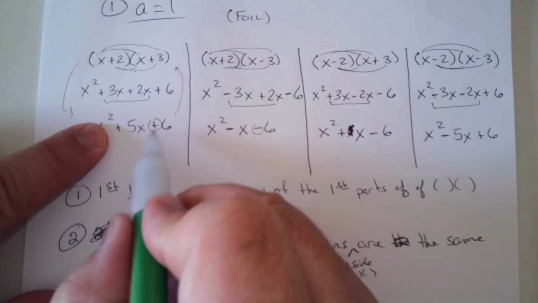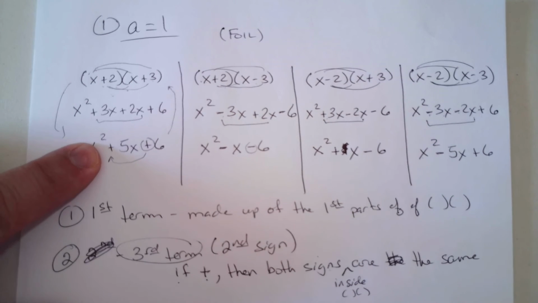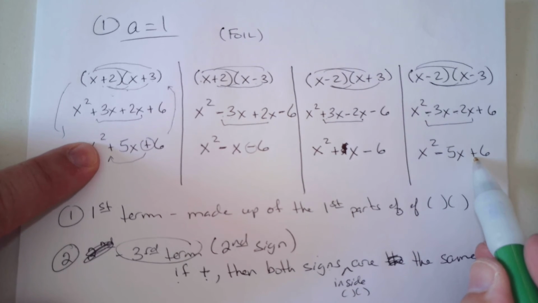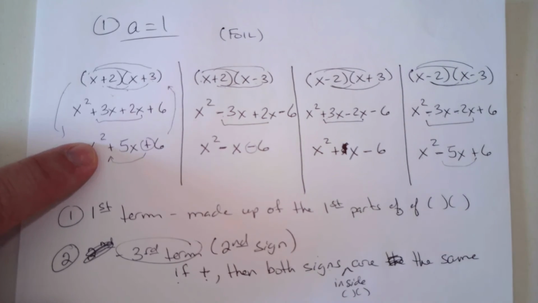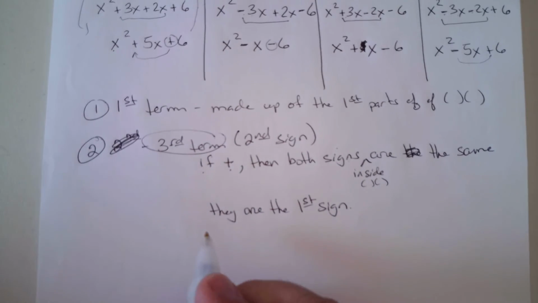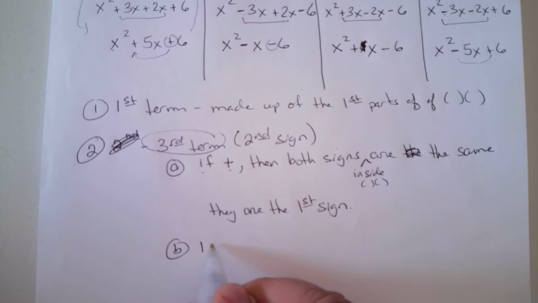They're whatever the first is. Since it's positive, I know both signs have to be plus. Sure enough, they're both plus. Second sign's a plus, so look at the first, they're both minus. Sure enough, they're both minus. That's A.